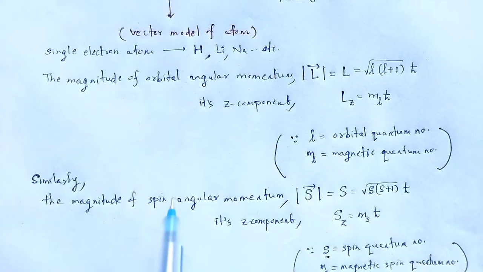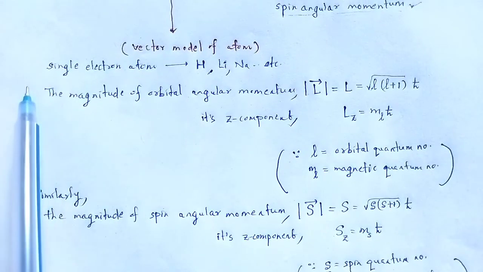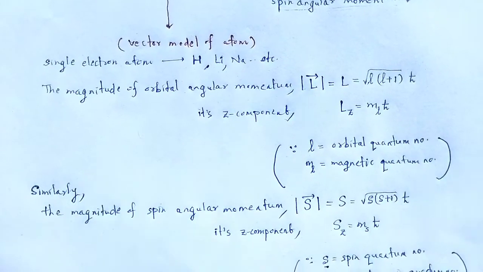Then the total angular momentum, that is the sum of orbital and spin.